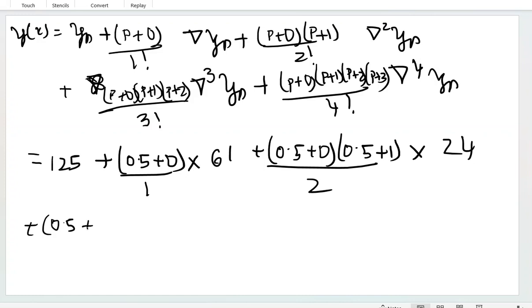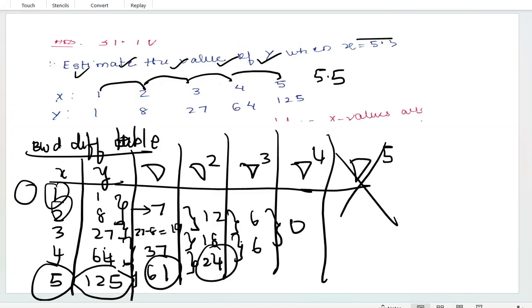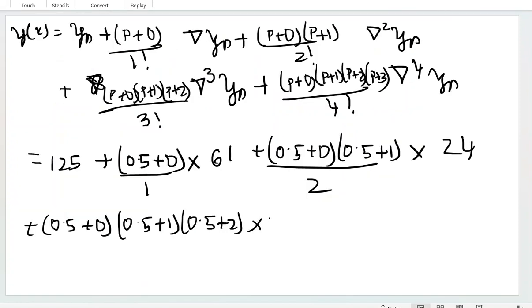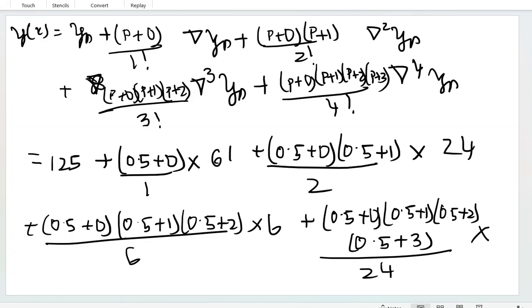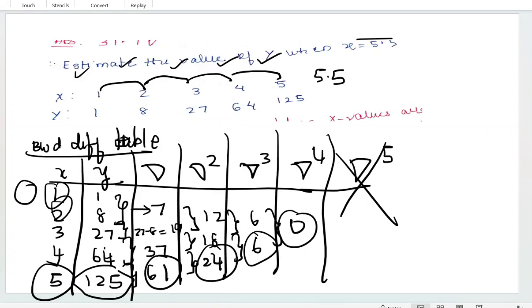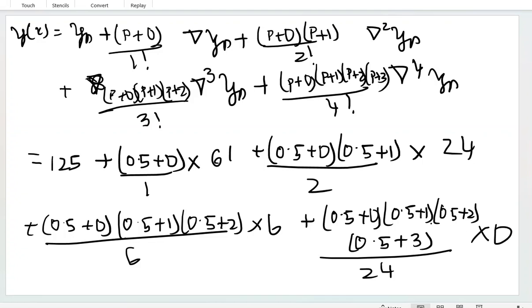Then 0.5 plus 0, 0.5 plus 1, 0.5 plus 2, del cube, the last value in del cube is 6, and 6 upon 3 factorial is again 6. Similarly, we get 0.5 plus 0, 0.5 plus 1, 0.5 plus 2, 0.5 plus 3 upon 4 factorial, which is 24, and the del 4 value is the last value in the del 4 column, the only value, which is 0. So now you have to do the further calculations and get the answer as done in the previous part.